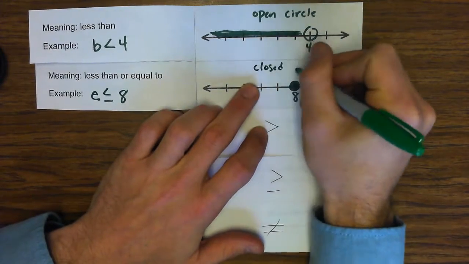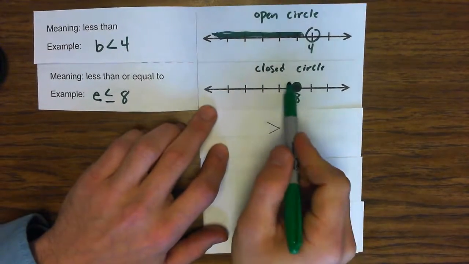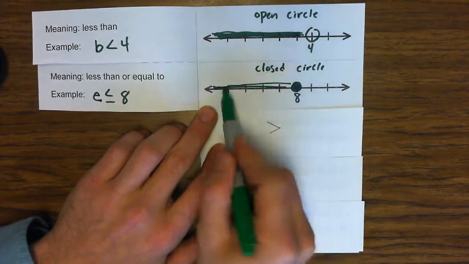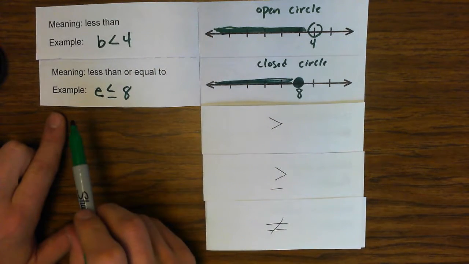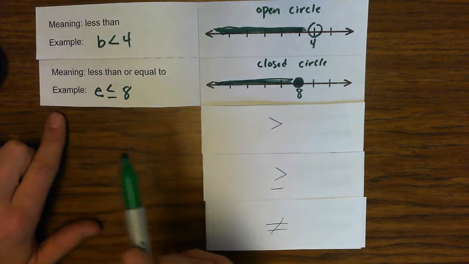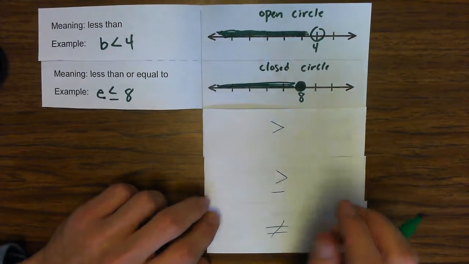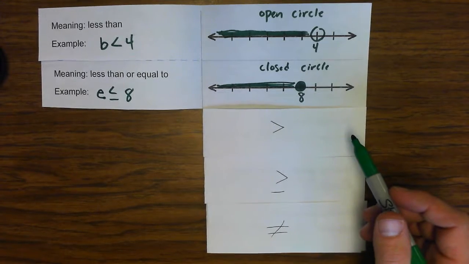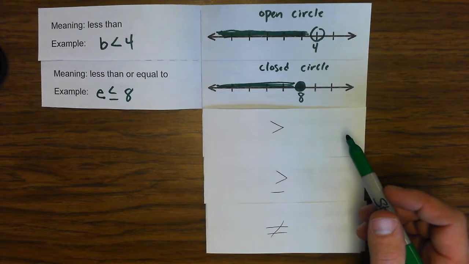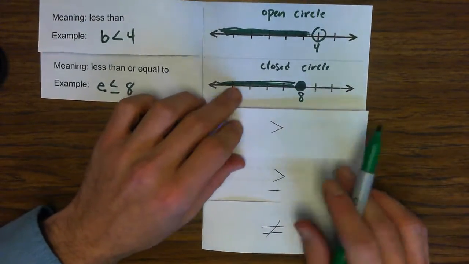And then my answer is to the left of that 8, because my symbol says less than or equal to 8. So that's what the graph would look like. And what I'd like for you to do is to copy all of this down as I go along, and feel free to pause or rewind as you need to help you get these notes down.